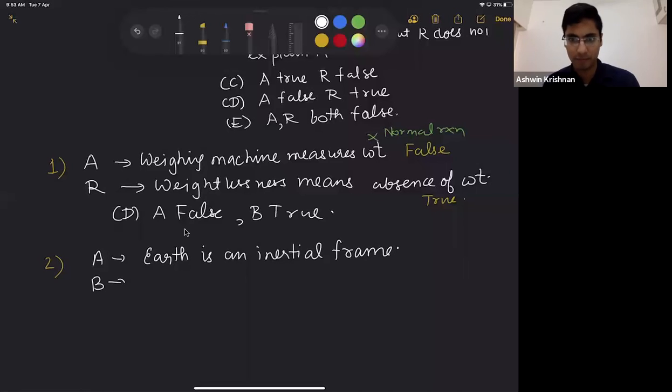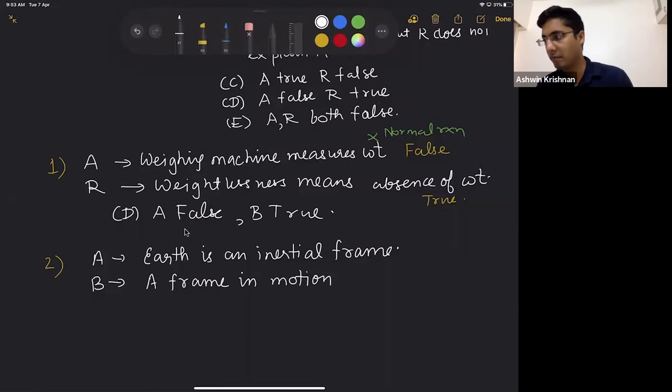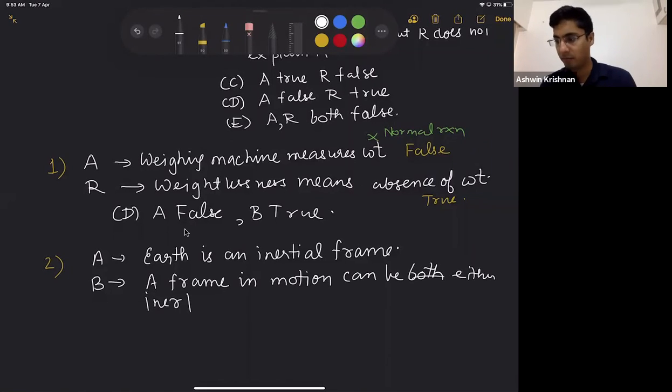R: A frame in motion can be either inertial or non-inertial.